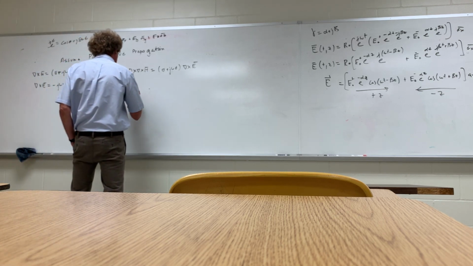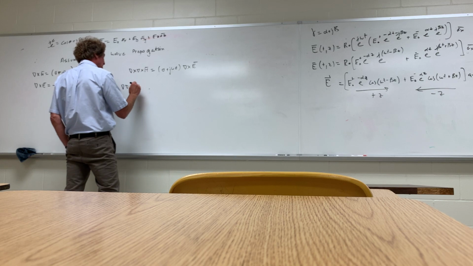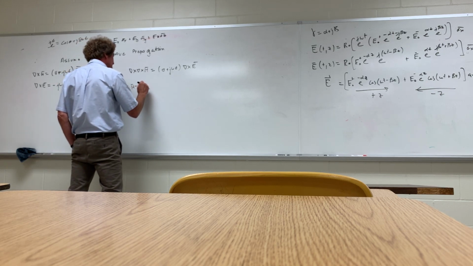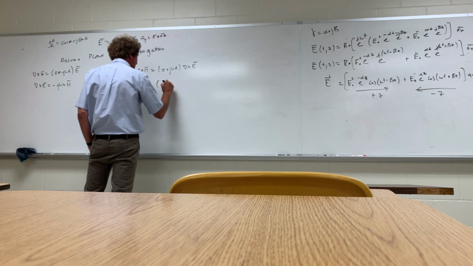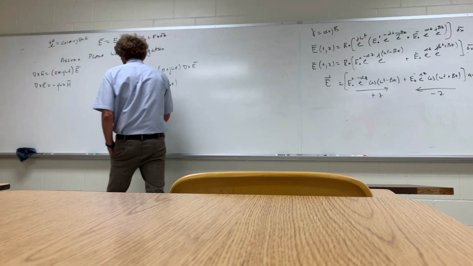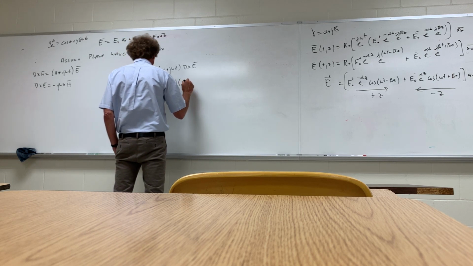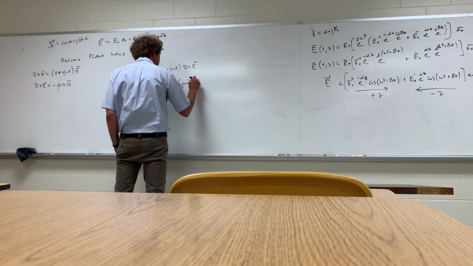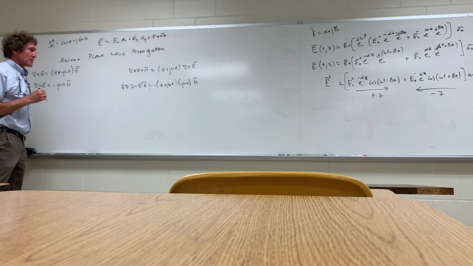I'm going to say that this curl of curl of H is actually gradient divergence of H minus del squared of H, which is equal to sigma plus j omega epsilon, and then the curl of E will be replaced with minus j omega mu times H. So now I've used this second equation to plug in for curl of E, and I get this.